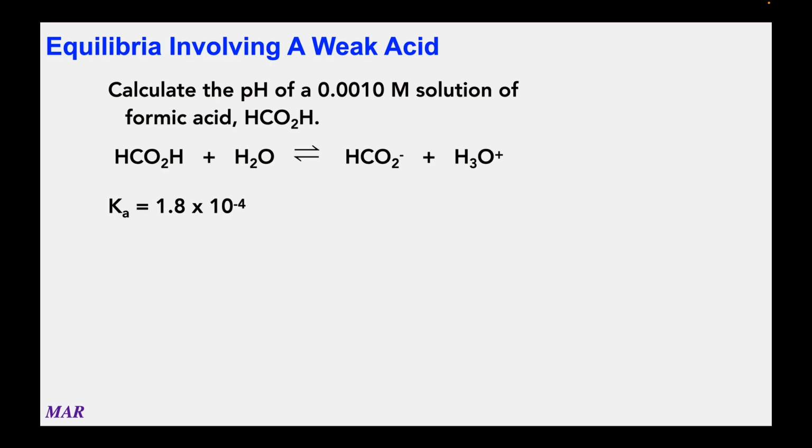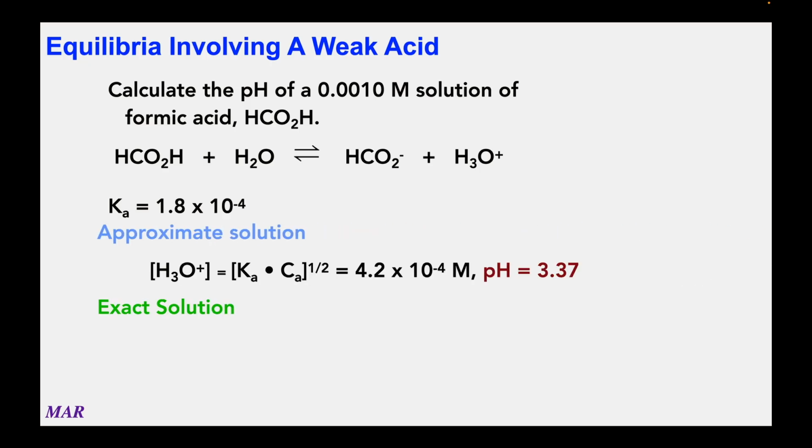But anyway, we can use this information to calculate the pH of the formic acid solution. If you use the approximate method, hydronium equals the square root of Ka times Ca. So square root of 1.8 times 10 to the minus 4 times 0.0010 ends up with a value of 4.2 times 10 to the minus 4 and a pH of 3.37.